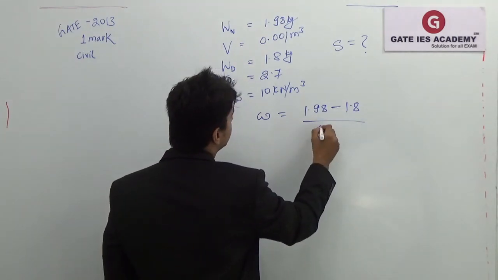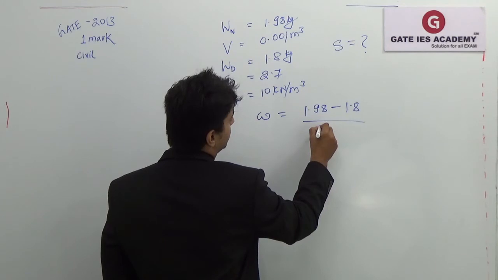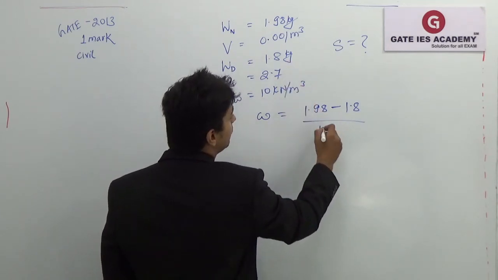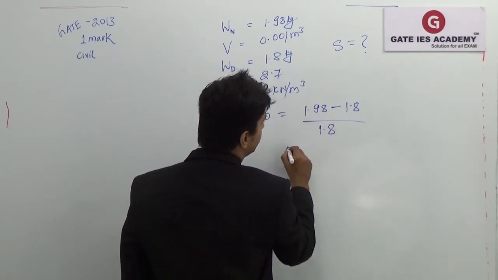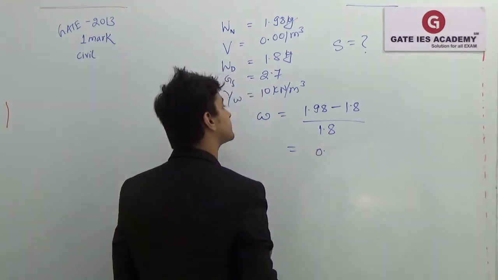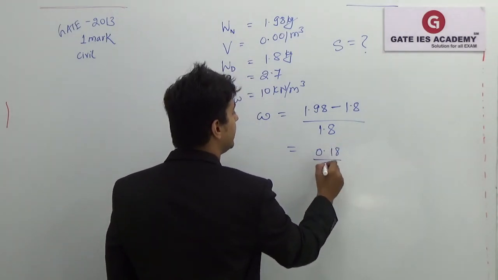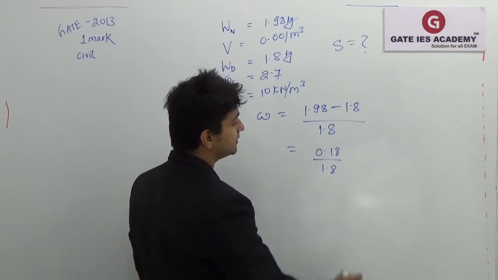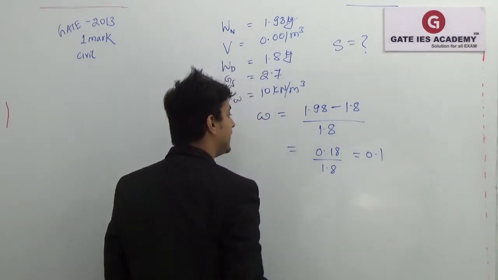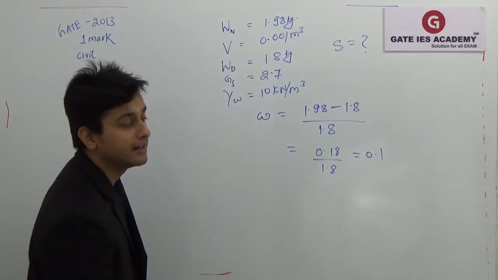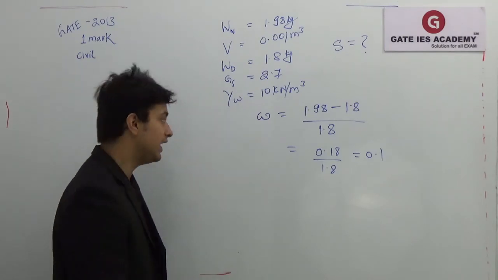And divided by the initial weight, that is only the soil solid weight, 1.8. So this will be 0.18 divided by 1.8, which comes to 0.1. So 10% is the moisture content. We can very easily calculate it.